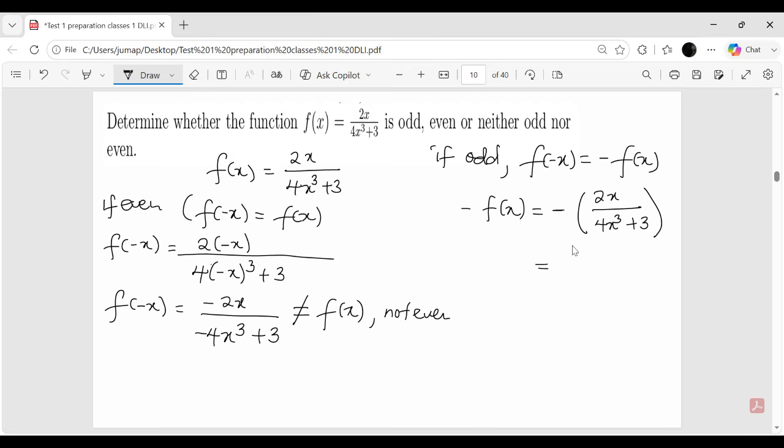Meaning that it is going to be equal to negative 2x. The negative only multiplies what is on top. It can either divide into that or multiply with what is on top. So meaning that I'm going to have this.